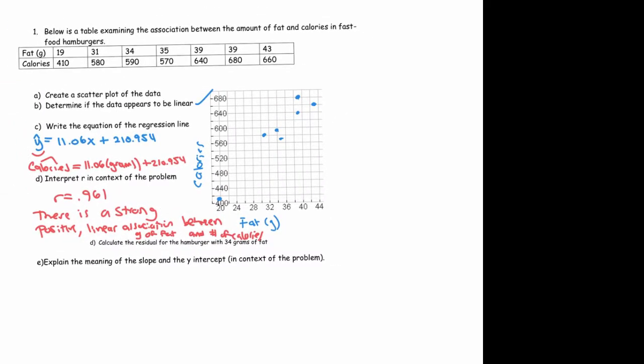Okay. Over here, we're asked to calculate the residual for a hamburger with 34 grams of fat. Okay, so remember that residual is equal to the actual minus the predicted.